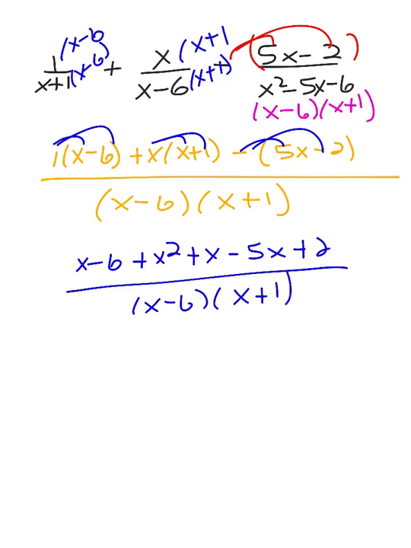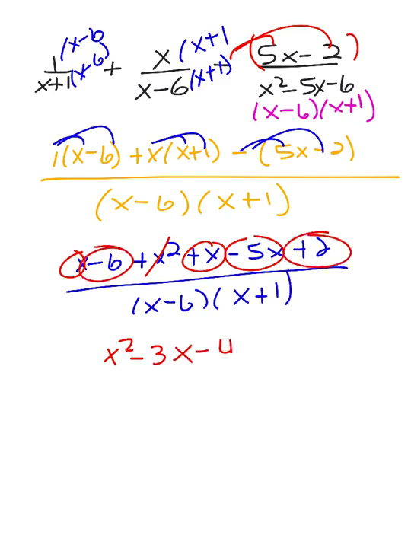We'll combine like terms. So I have x squared, x minus 5x is negative 4x, plus x is negative 3x. And then negative 6 plus 2 is negative 4, over (x minus 6)(x plus 1).